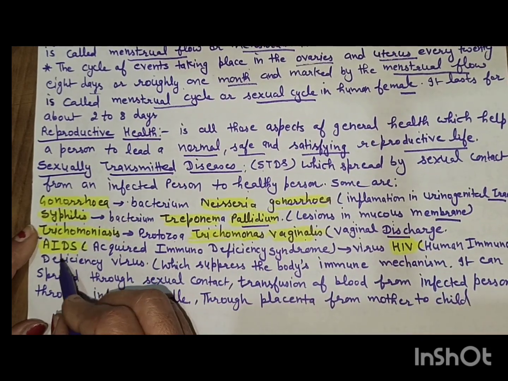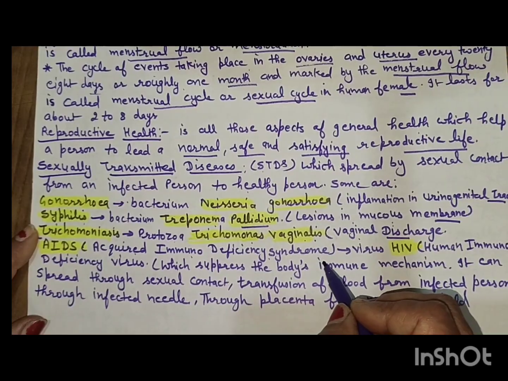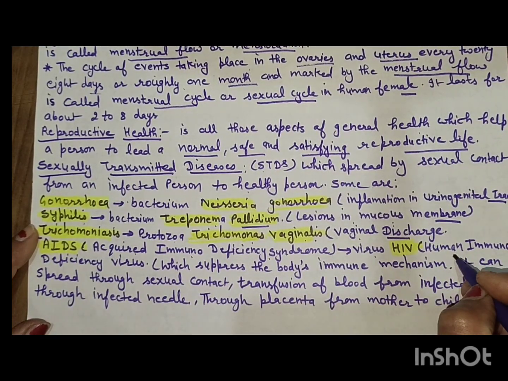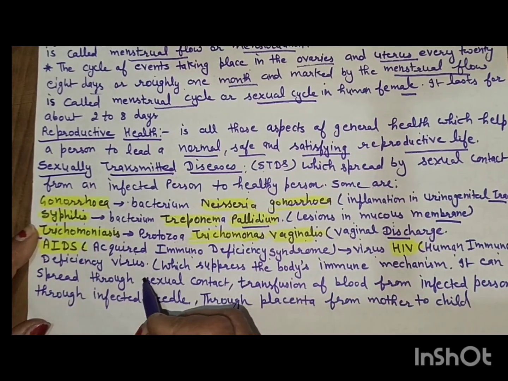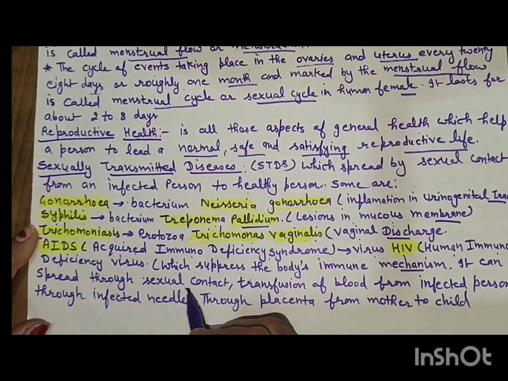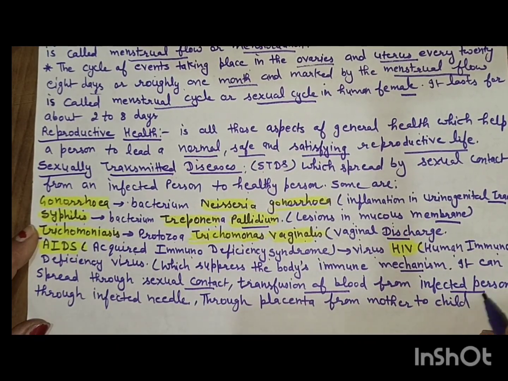AIDS, the full form of which is acquired immunodeficiency syndrome, is caused by the virus HIV, the human immunodeficiency virus, which suppresses the body's immune mechanism. It can spread through sexual contact, transfusion of blood from an infected person, through infected needles, and through the placenta from mother to child.